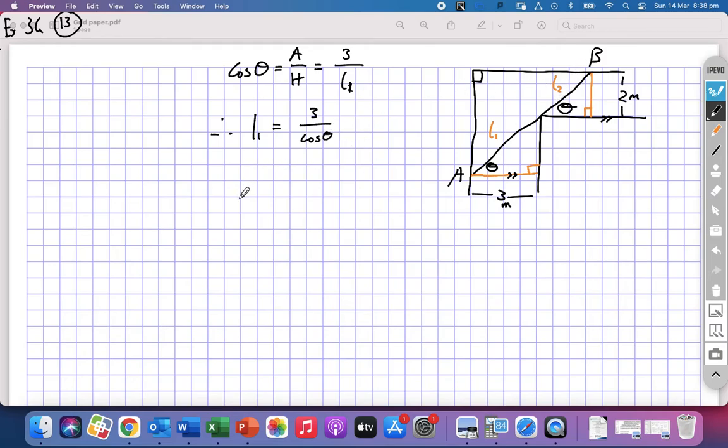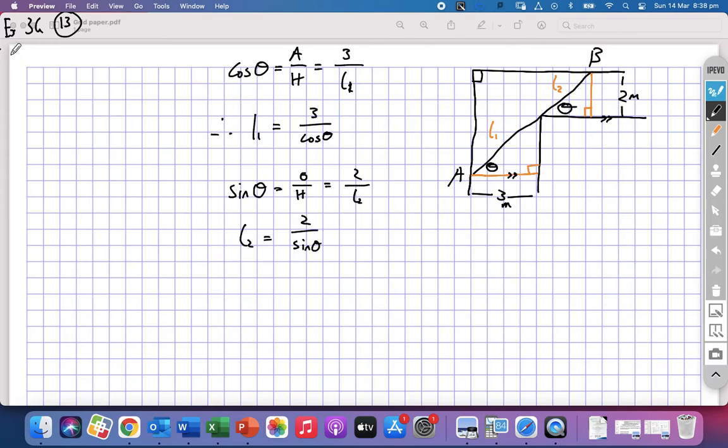L2, okay, let's have a look. The 2 is an opposite, means I need to go for the SO of SOHCAHTOA. Opposite on hypotenuse, hypotenuse is L2, opposite is 2, therefore the L2 length is 2 on sine theta.